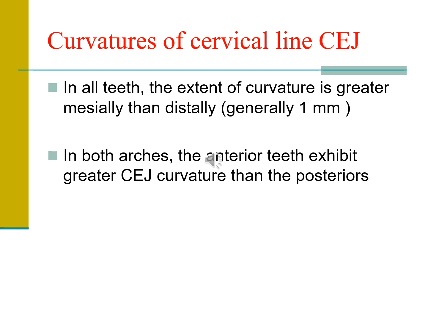For instance, if you remember the central incisor, the extent of the cervical line curvature on the mesial surface is 3.5 millimeters, while on the distal surface it is 2.5 millimeters. Moving on, the cervical line curvature is maximum in the midline, on the mesial surface of the central incisor, at 3.5 millimeters, and it decreases gradually until it becomes flat, 0 millimeter, at the molars area.